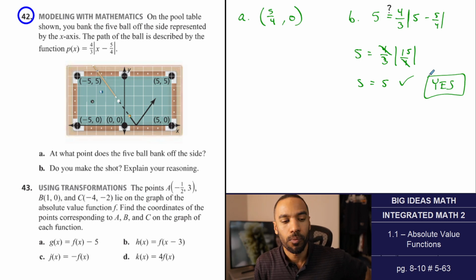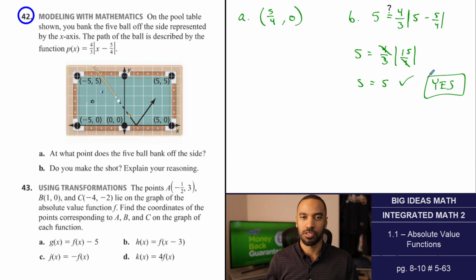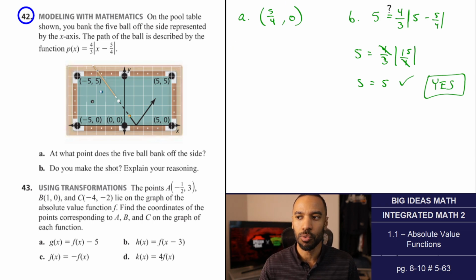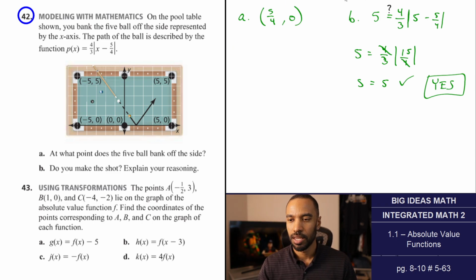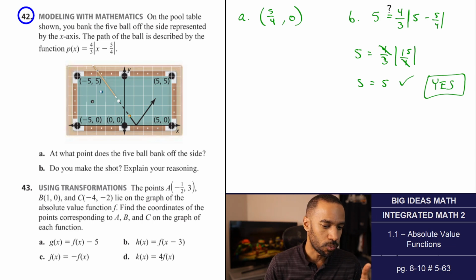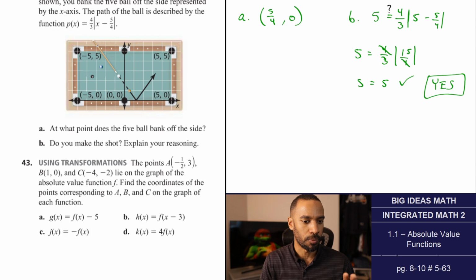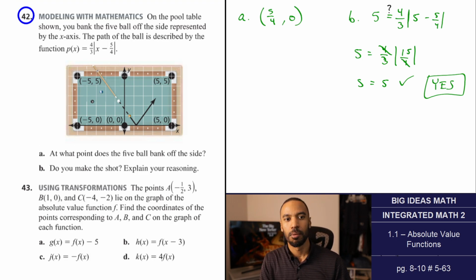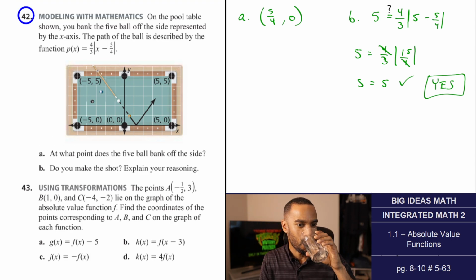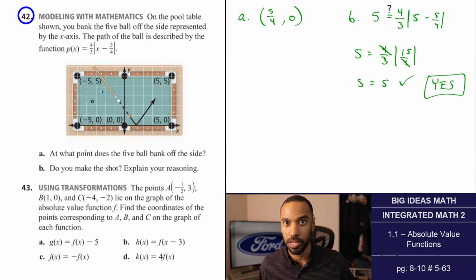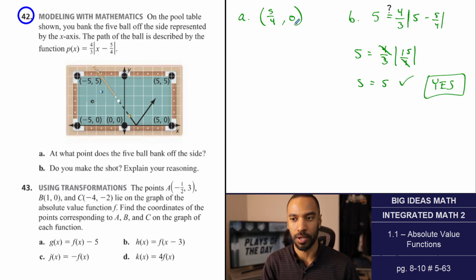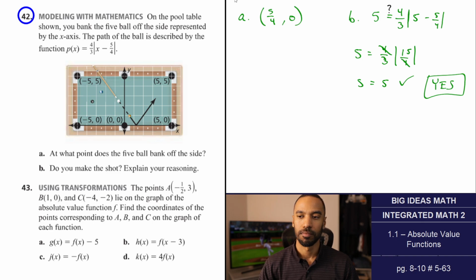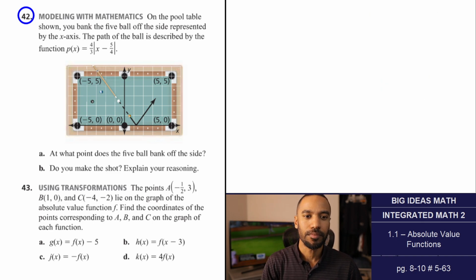Yeah. My reasoning is that (5, 5) is a point on this line, so the graph actually does hit it. I'm going to have to pause this in a second because I have to get my graph things back for when we graph again. But (5, 5) is a solution to the equation. That's the reason. Okay. Number 43.